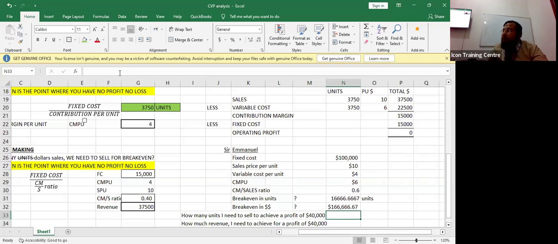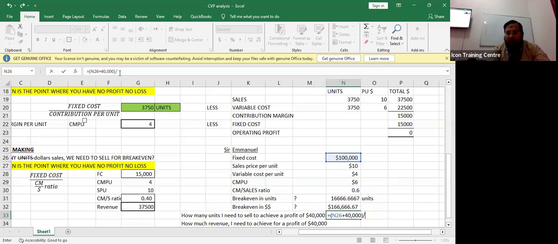And if you want to add the target profit, the simple thing is: take this fixed cost, add the desired profit he is asking for, which is how much? 40,000, and simply divide it by your contribution margin per unit.